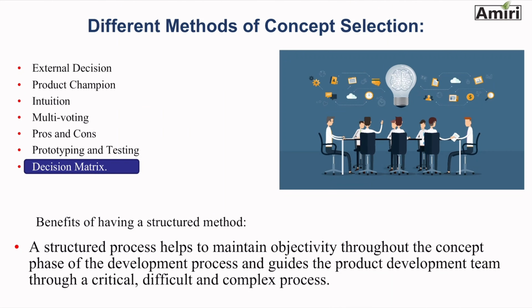Product champion is when an influential member of the product development team, or the company, or a supervisor chooses a concept based on personal preferences or some other criteria. Intuition is another one, where you just feel good about a certain concept and move forward with it. You can vote on the concept. Each member of the team can vote for the concepts they prefer, and the most votes win.